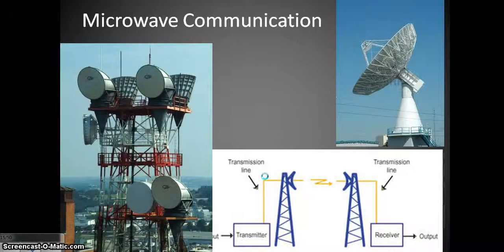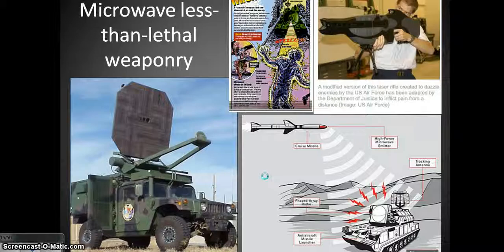Microwave communication. So we use it quite a bit for communicating. Microwave less than lethal weaponry. So this is kind of an interesting weapon that the Air Force is creating. And here's a handheld version, and here's a version that's mounted onto a tank. But it's basically a microwave transmitter. It sends out microwaves to anyone nearby.